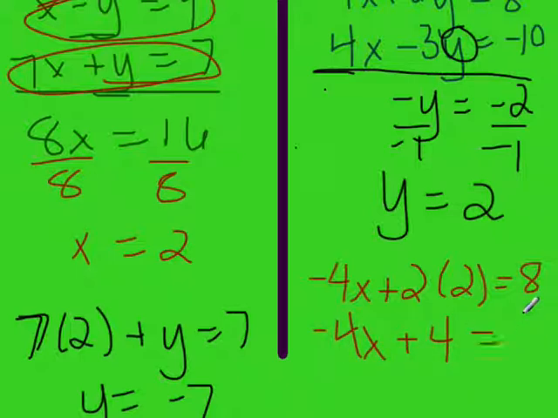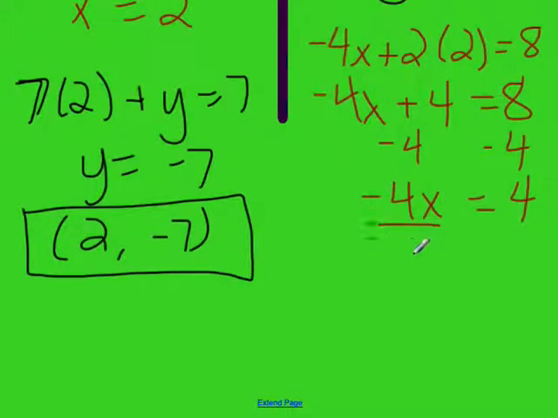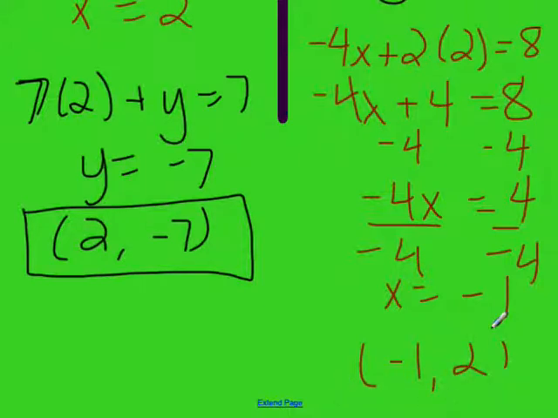So now I want to go ahead and get that 4 over to the other side. So we're going to subtract 4 from both sides. Negative 4x is equal to 4. And then finally, to solve for x, I need to divide both sides by a negative 4. And I get that x is equal to a negative 1. So x is equal to a negative 1 and y is equal to 2. So we're going to write that out as a coordinate point x, y, negative 1, 2.